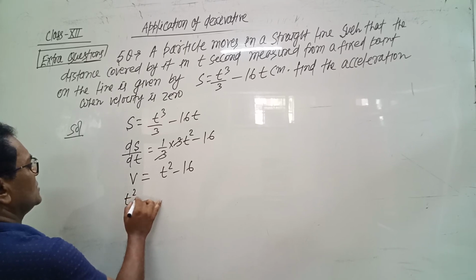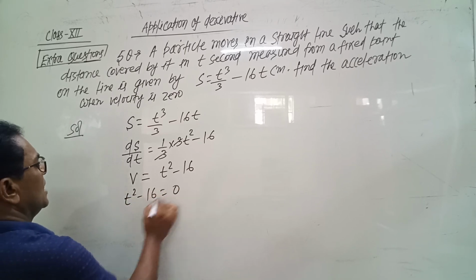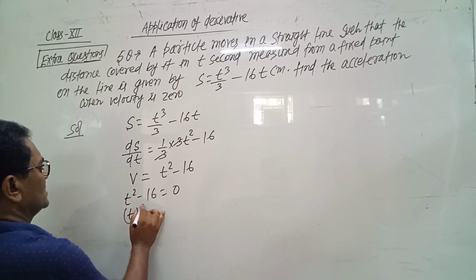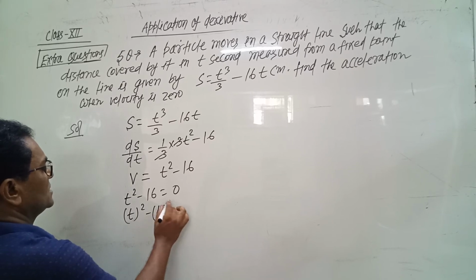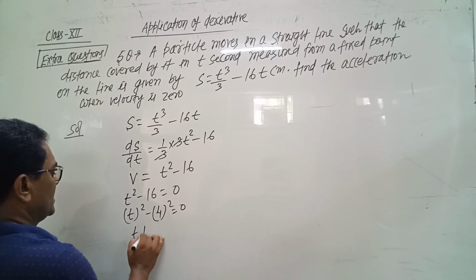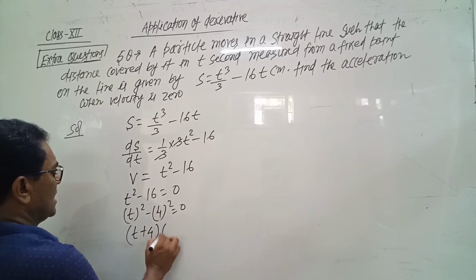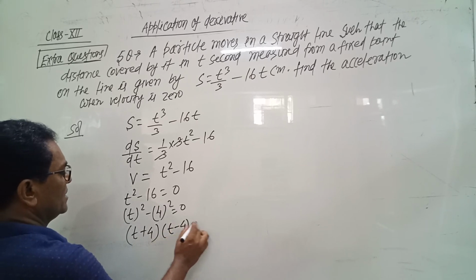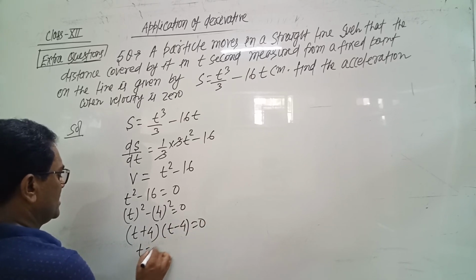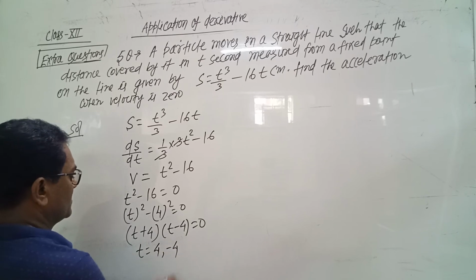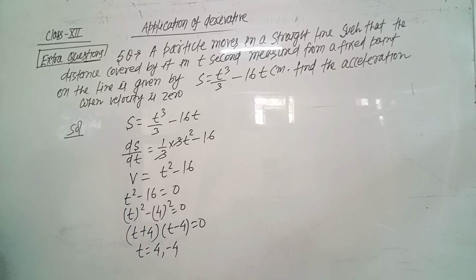So make velocity equal to 0: t square minus 4 square equals 0. We get t plus 4 and t minus 4 equals 0. So t equals 4 and minus 4. We get two values of t, plus 4 and minus 4. Now t cannot be negative.